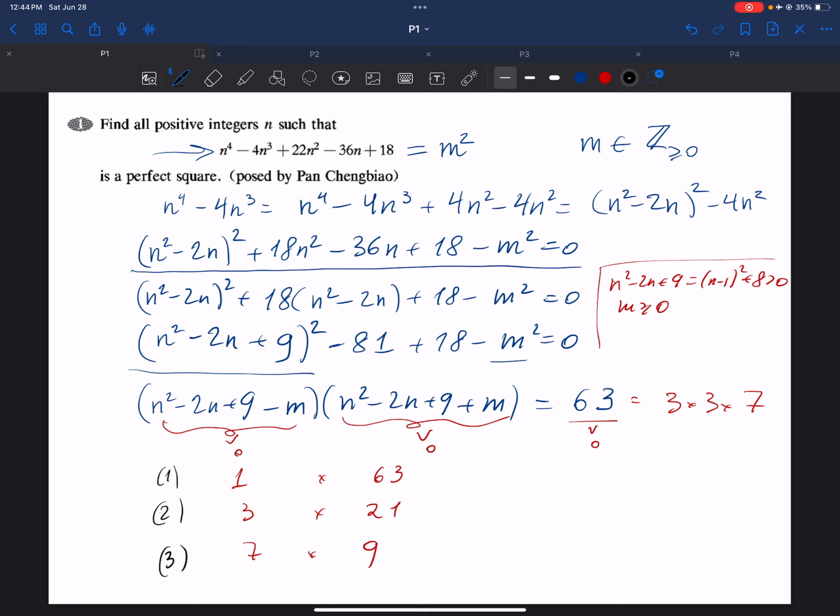In the first case, we have these equations. n minus 1 squared plus 8 minus m equals 1. n minus 1 squared plus 8 plus m equals 63. We take the sum, and this gives us 2 times n minus 1 squared plus 16 equals 64.